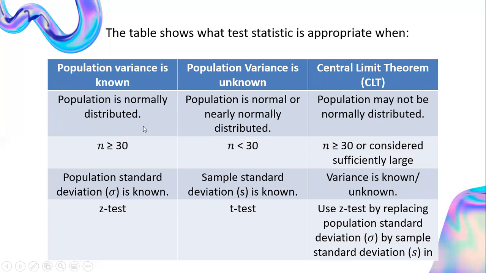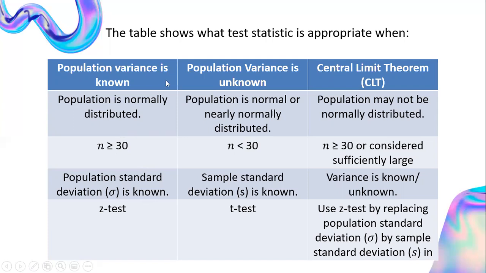So, if the population is normally distributed, and n is greater than or equal to 30, and if the population standard deviation is known, then we will use the z-test.